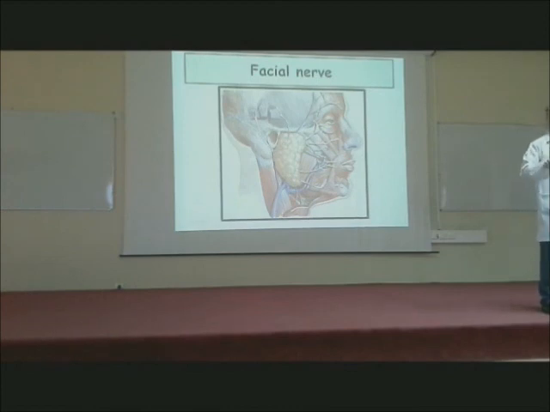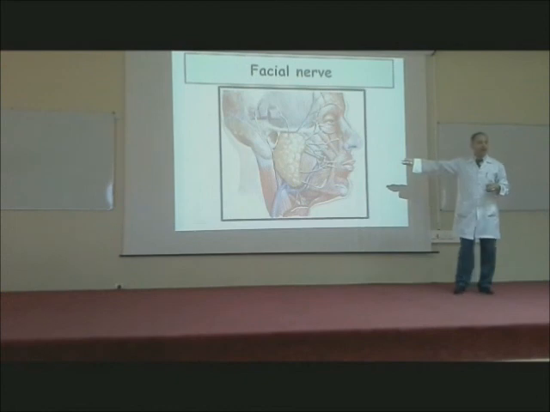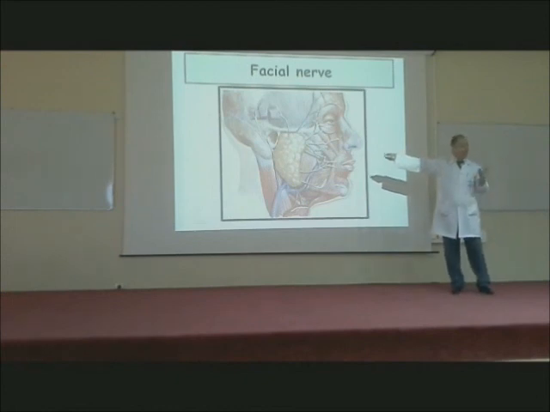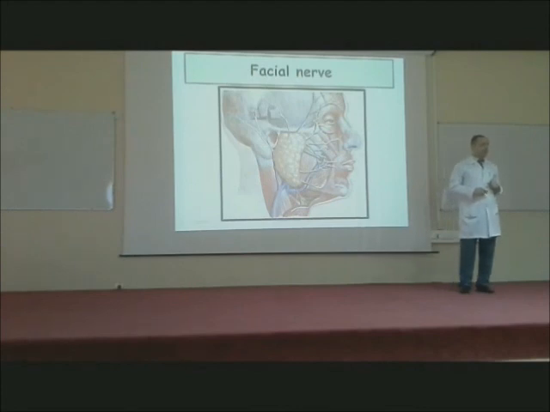Which branches? Facial, but which branch? The posterior auricular gets the occipital belly plus 2 of the auricular muscles: auricularis posterior and auricularis superior. But the anterior one takes nerve supply from that first branch, which is the temporal branch.